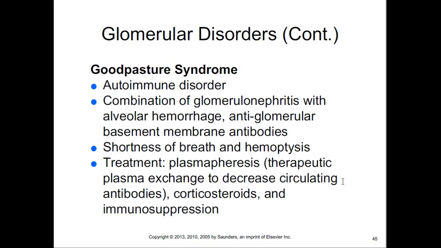And the treatment is plasmapheresis. Remember, this is autoimmune, so you have antibodies, and plasmapheresis is a way for you to decrease the number of circulating antibodies. And corticosteroids to decrease the inflammation, and immunosuppression. So you might see the use of prednisone for any type of autoimmune disorder.